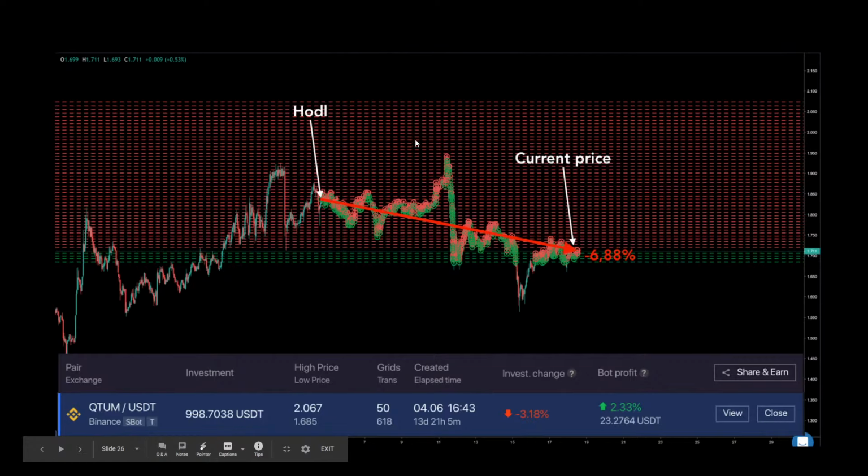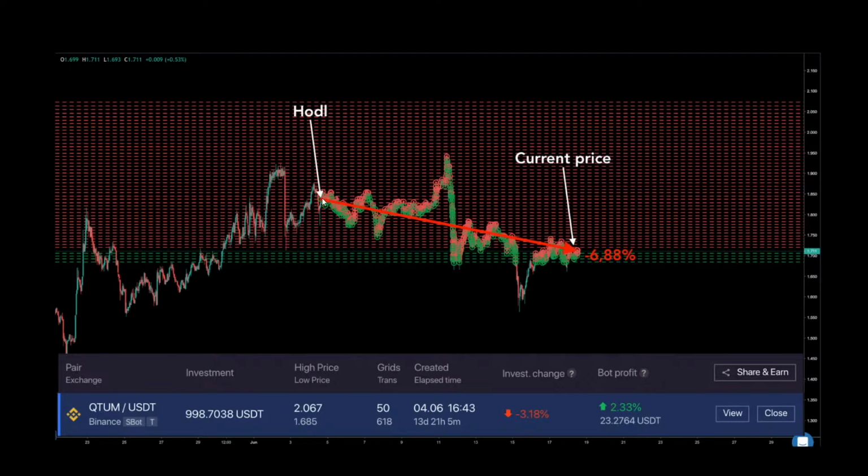Just pay attention to the chart at first. Imagine that you buy Quantum here where you see hodl, and then you just hold it, expecting the market to rally so that you will be able to fix some returns. But what happens is that it falls, and now you are at a 6.88% loss.